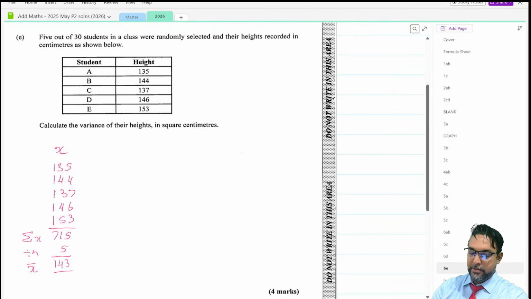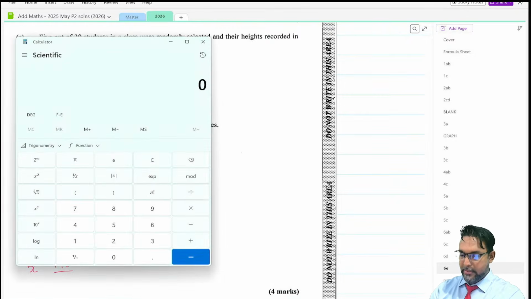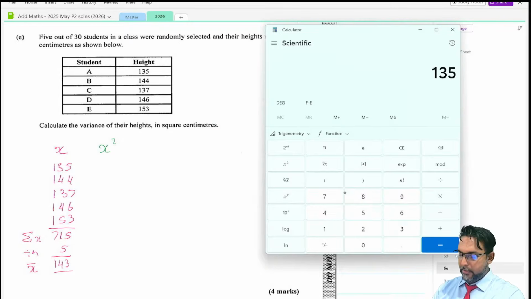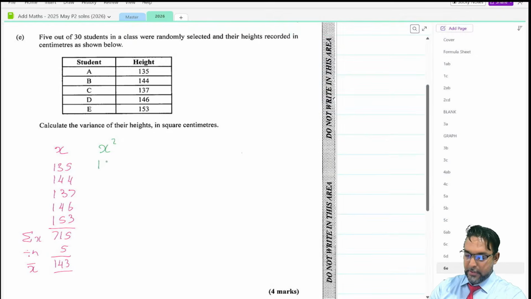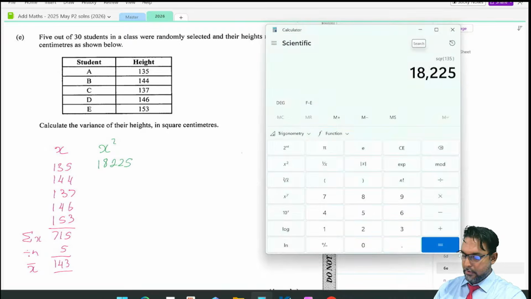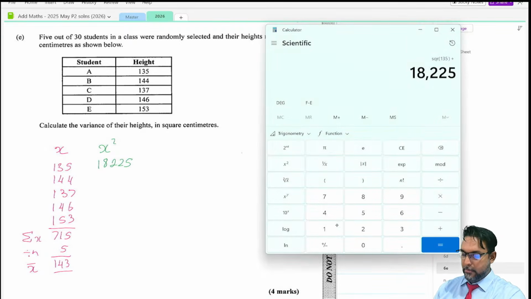You literally just square the x values. Okay, calculator time. 135 squared is 18,225. Plus 144 squared.